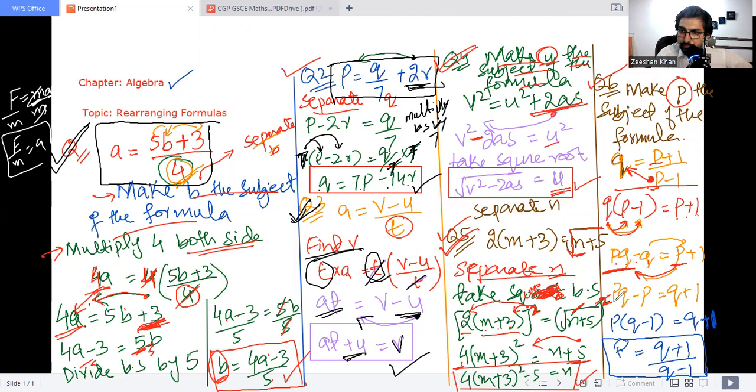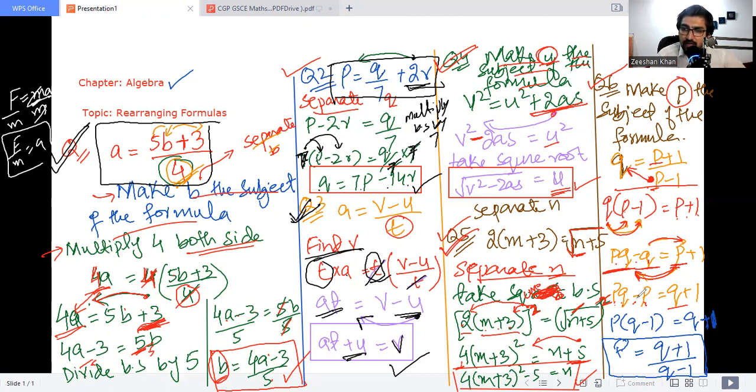So it would become PQ minus P. And I will take this Q to the other side because we want to separate P. So this was negative Q. When you shift that to the other side, it will become positive Q. So Q plus 1 and P and P.